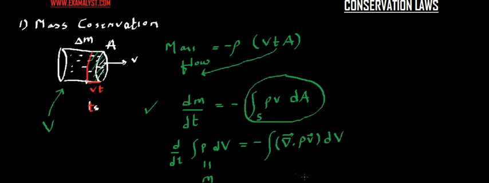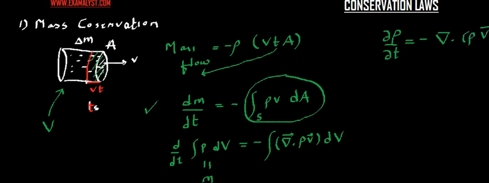So what is the final expression? The final expression says d rho by dt, that is the rate of change of density, is equal to minus del dot rho v. It is just like mass conservation written in a new way.